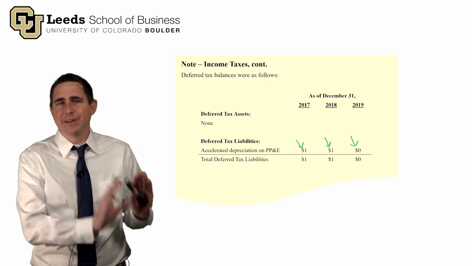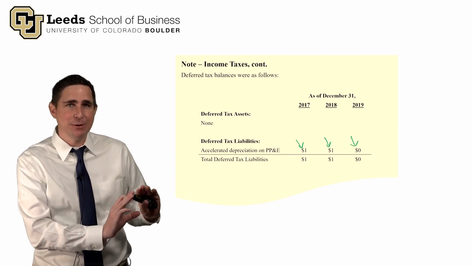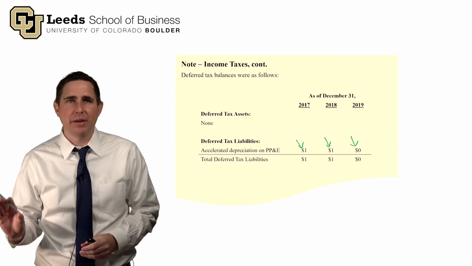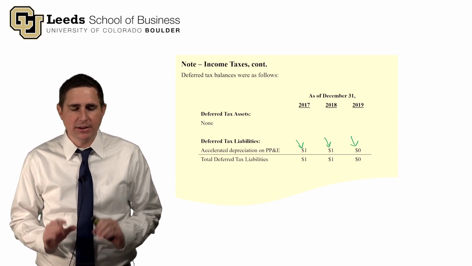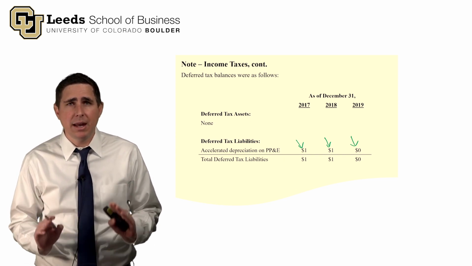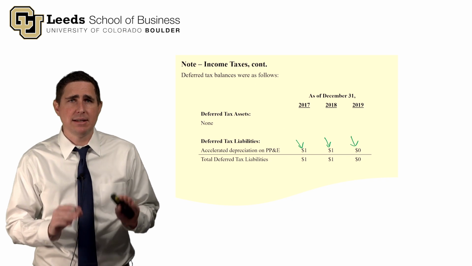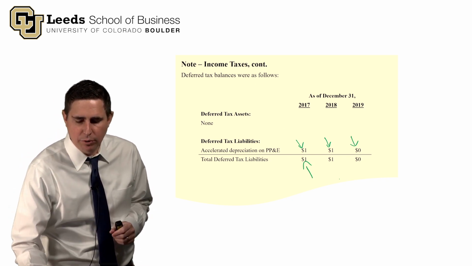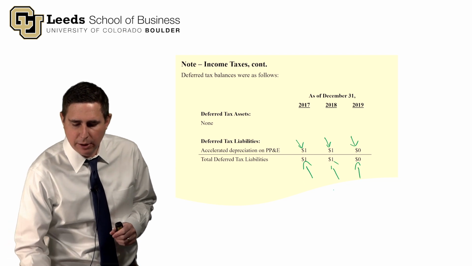So we paid $1 less in 2017 and we paid $1 more in 2019. So we actually settled that obligation with the government. And so what this table does is it just tracks the year-end balances of your deferred tax assets and liabilities at the end of each year. And so you'll be able to tie these total numbers out to the balance sheet.